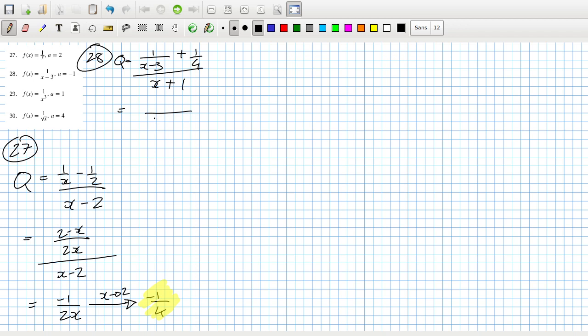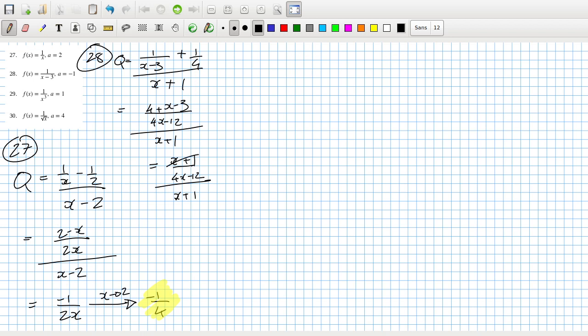That's 4 plus x minus 3 over 4x minus 12, over x plus 1.